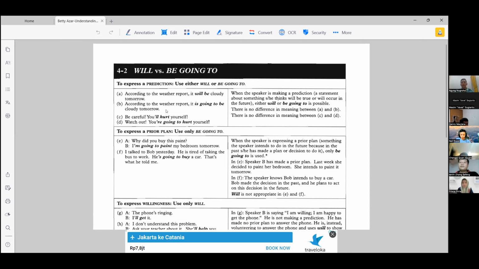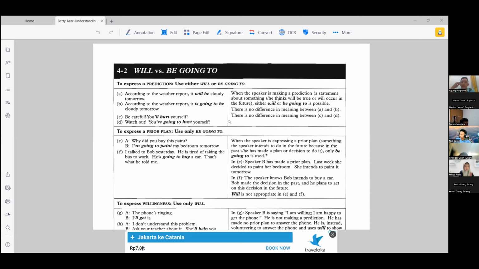Okay. And then what about will plus be going to, sir? So there is an explanation like this. To express a prediction, use either will or be going to. So it can also be used to predict something in the future, right? For example, you predict that tomorrow it will rain.